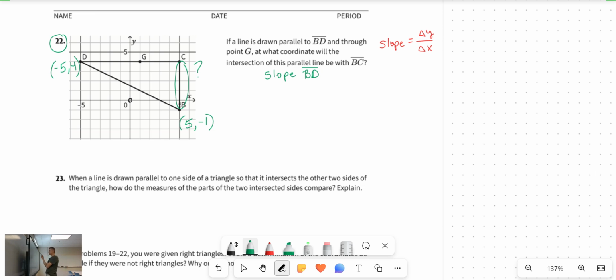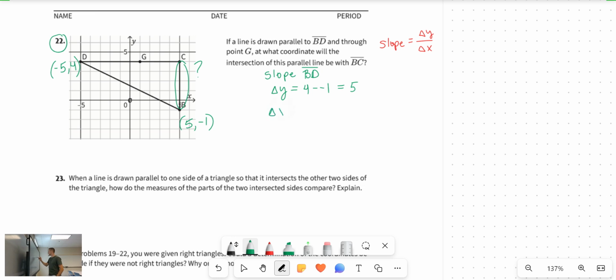So the slope of BD is going to be the change in y. Change in y from B to D is going to be 4 minus -1, which is just 4 plus 1, so that's going to be 5.